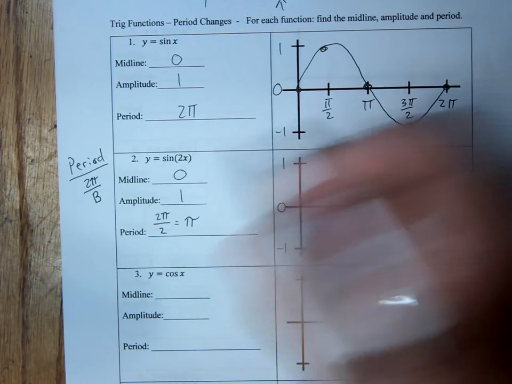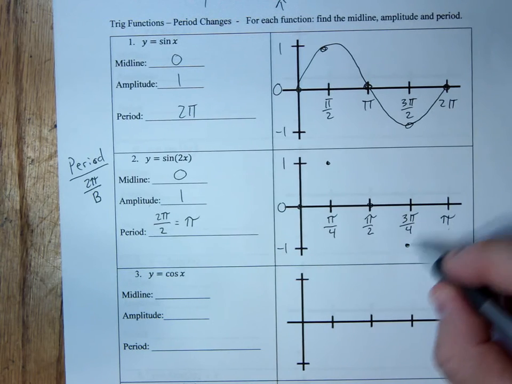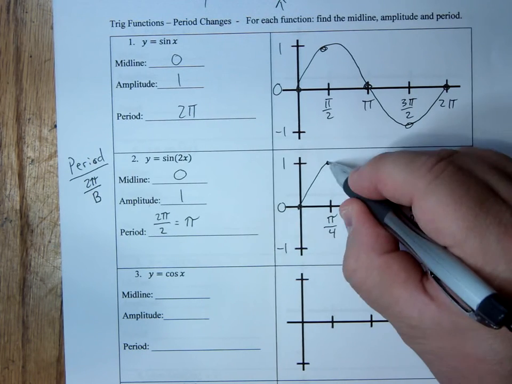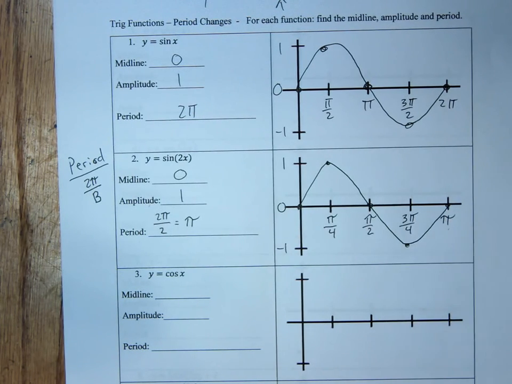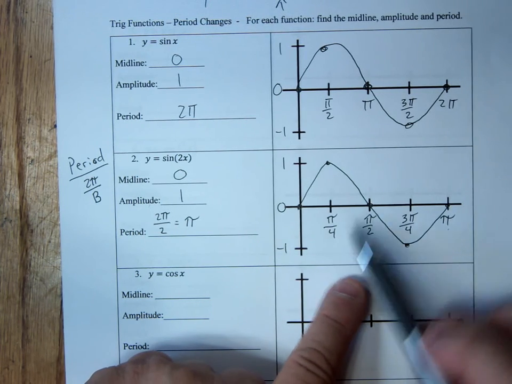So the sine looks the same if you just did a quick look at the two graphs, but this one is half as long as this one.